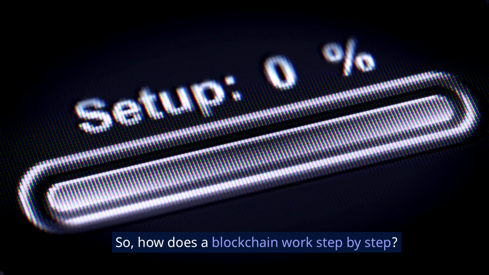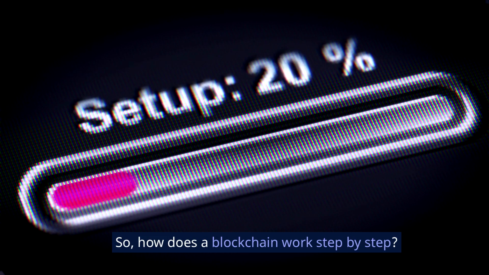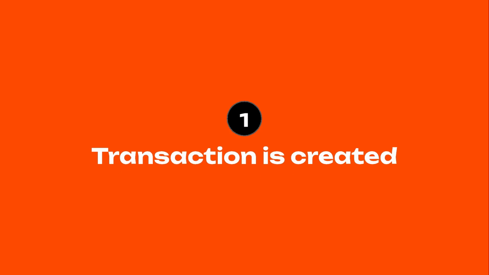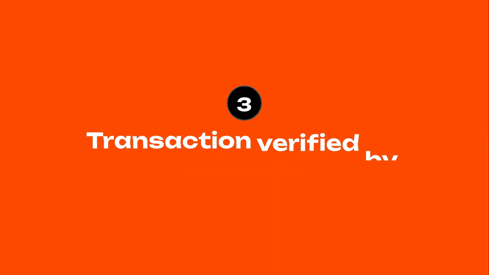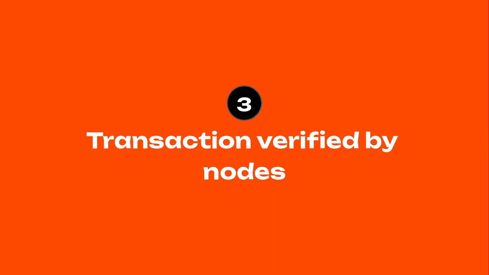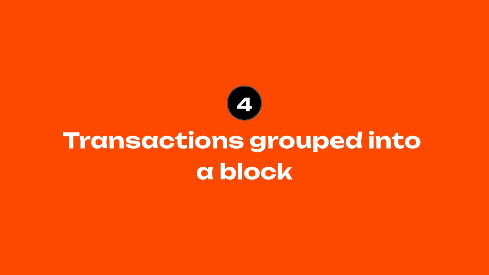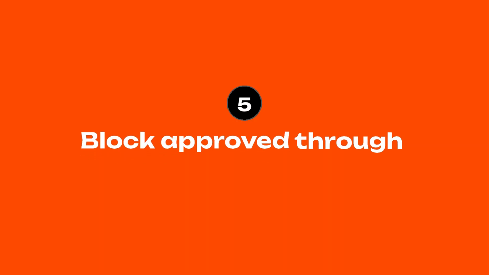So, how does a blockchain work step by step? A transaction is created. It's shared with the network. Verified by nodes. Grouped into a block. Approved through consensus.